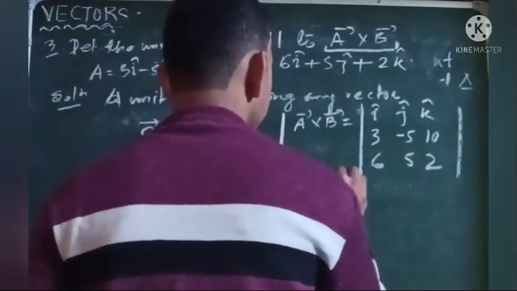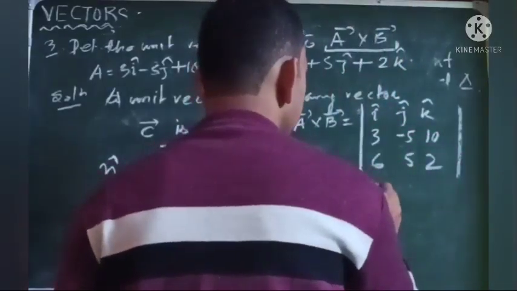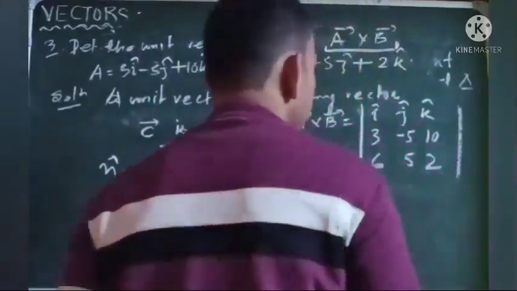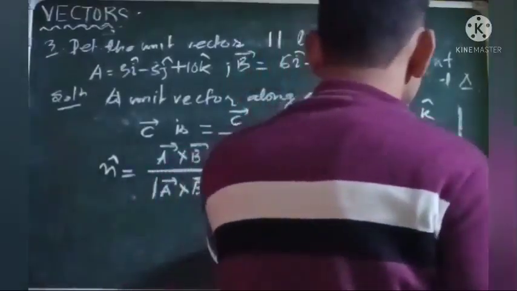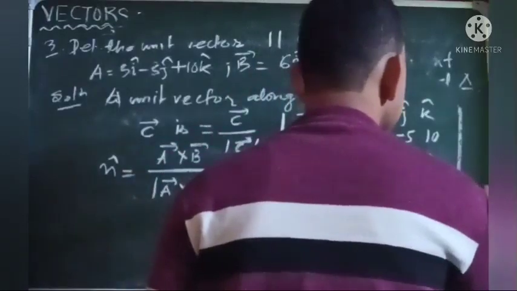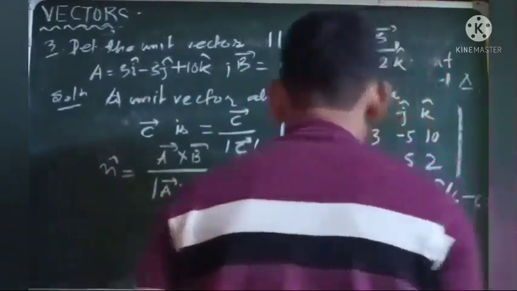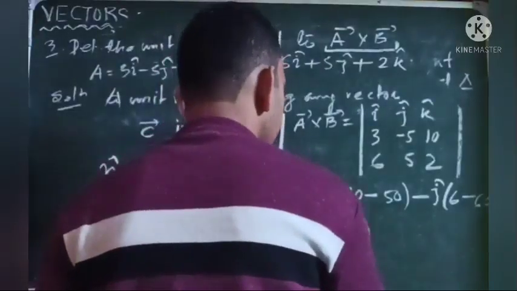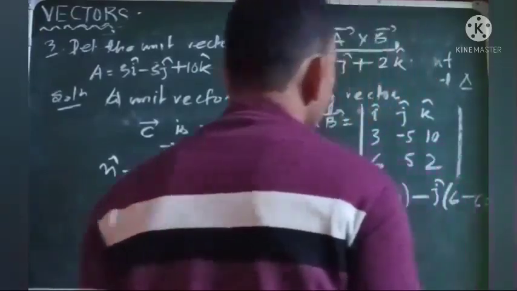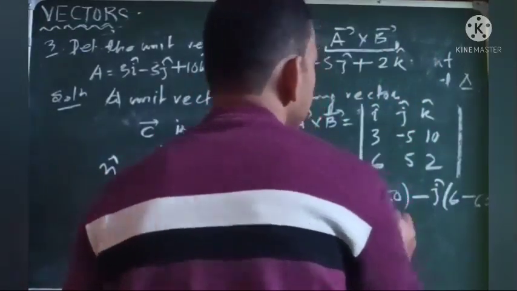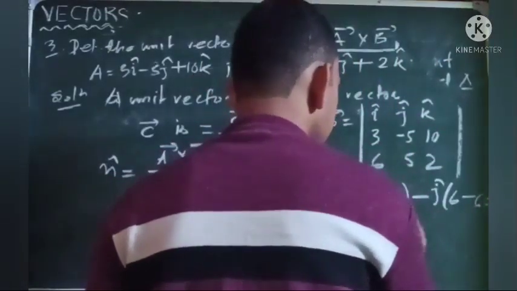Here we are getting i cap times minus 5 multiplied with 2, which is minus 10, minus 10 multiplied with 5, which is 50, minus j cap times 3 multiplied with 2, which is 6, minus 10 multiplied with 6, which is 60, plus k cap times 3 multiplied by 5, which is 15, minus 5 multiplied with 6, which is minus 30. So it will result in plus 30.